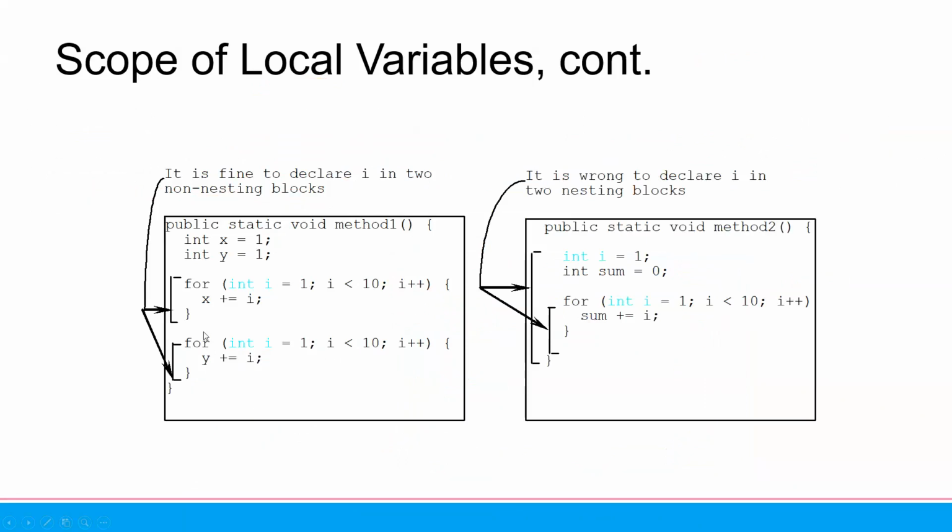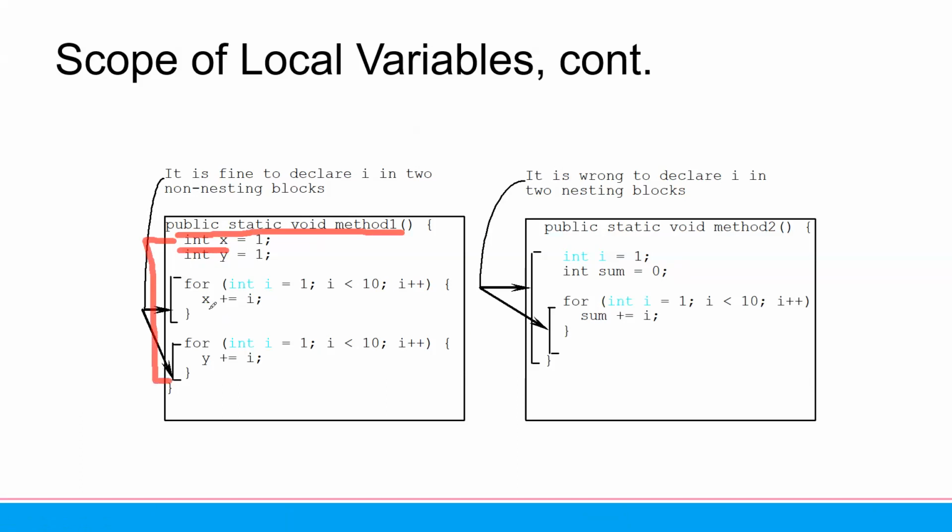So this is another kind of example. I define X. This is public static void method 1. I define X here, so X can be used in this block.